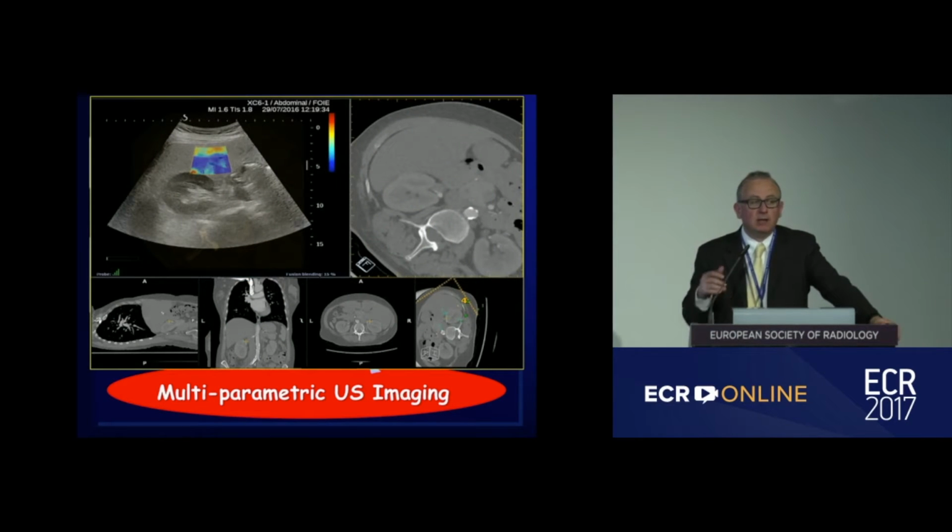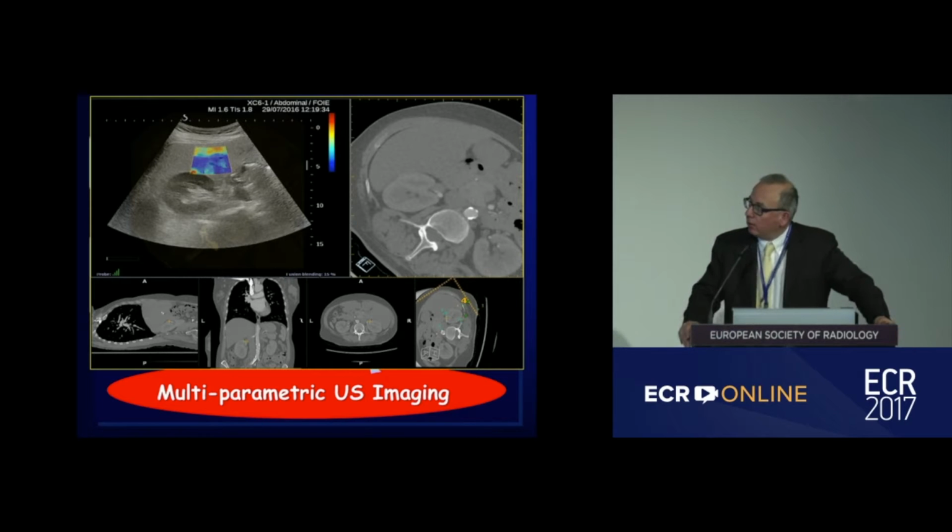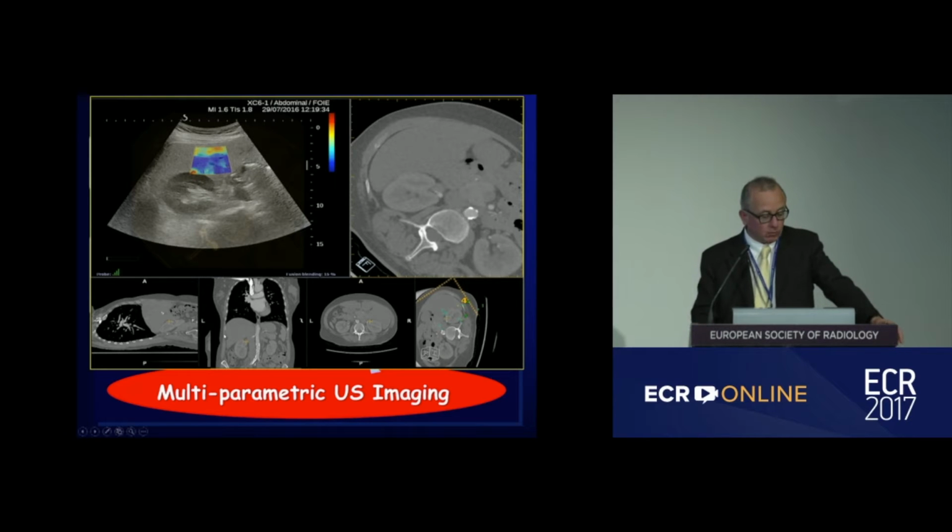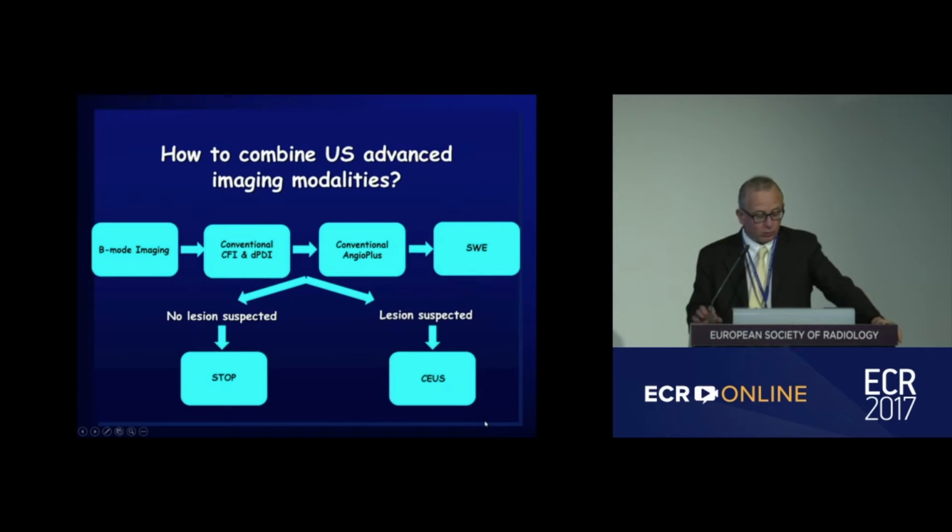This is the kind of approach where you can combine all information at the same time using fusion imaging, where you have both the elasticity information, the shear wave elastography, and also the B-mode and all information coming from the fusion imaging.